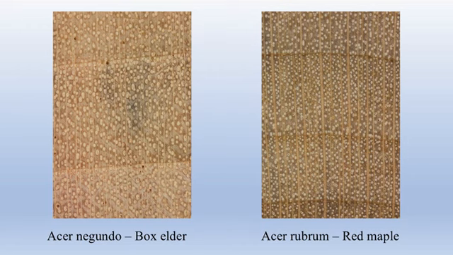See, the rays are very small. You almost have to have a microscope to see them. This is at 10x, so if this was taken at a higher magnification, you could see them more. But the maple has wider rays.